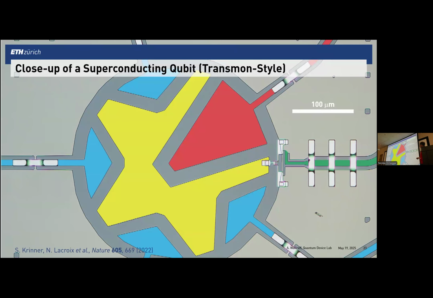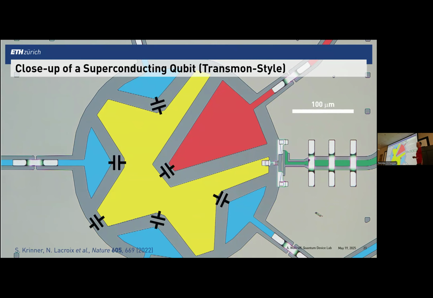Here's a zoom in on one of these qubits. You recognize all the bits and pieces. The yellow pad is essentially forming the capacitor of the transmon qubit. This capacitor is coupled capacitively to these four blue microwave frequency coplanar waveguides that couple that qubit to four of the neighboring qubits.